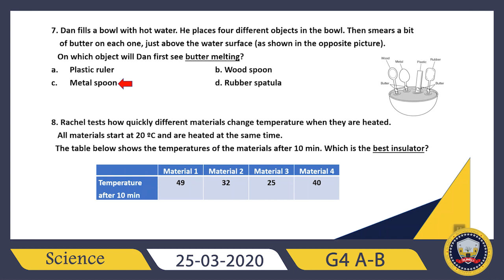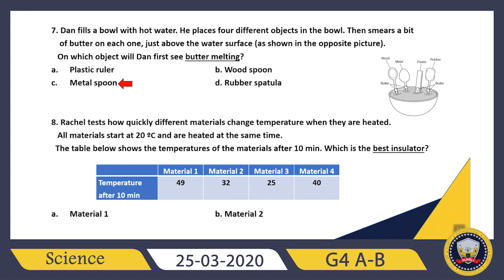After 10 minutes of heating, the 4 materials: the first one stays at 49, material 2 stays at 32 degrees centigrade, material 3 stays at 25, and the fourth one stays at 40. So which one is the best insulator? Actually, the best insulator means the best one at preventing heat loss.